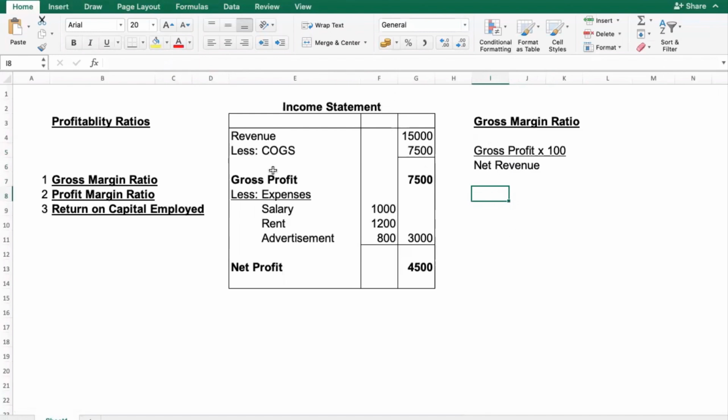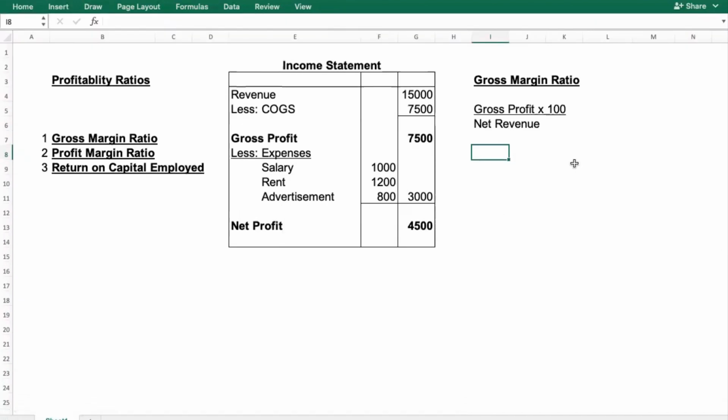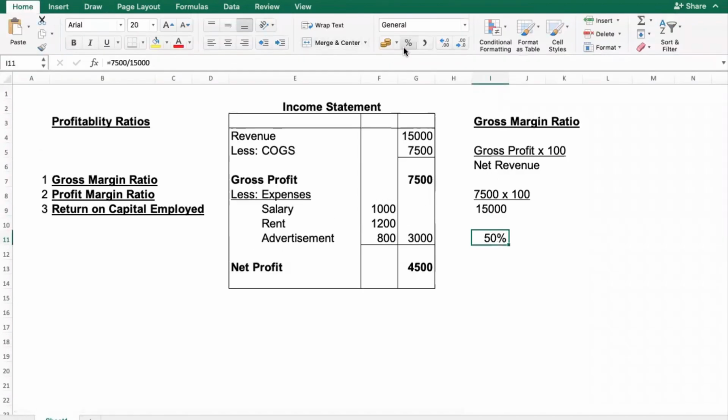What is my gross profit in this example? 7,500, multiplied by 100. And what is my net revenue? 15,000. So 7,500 multiplied by 100 divided by 15,000 comes to 50%.